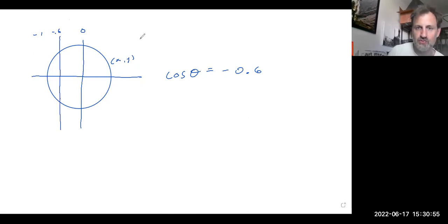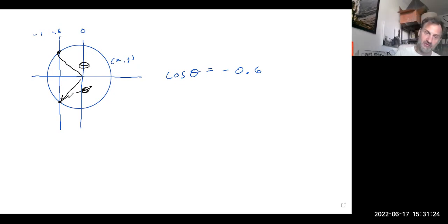And so I've got two points where that would happen, here and here. So I've got my first theta, and then I've got my second solution. And generally, the easiest way to think about that answer is it's minus theta. So in other words, if I go the positive direction, I get to have cosine theta equals negative 0.6.